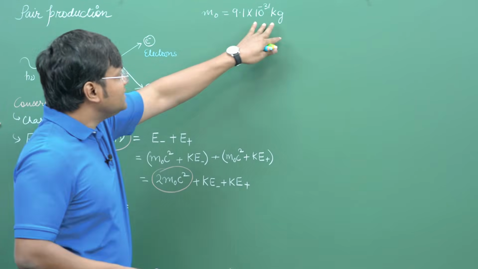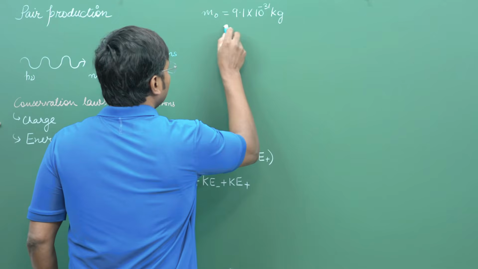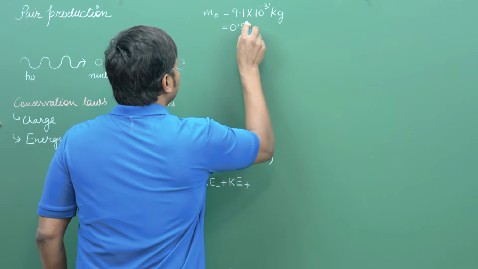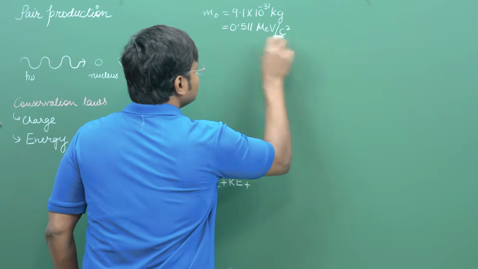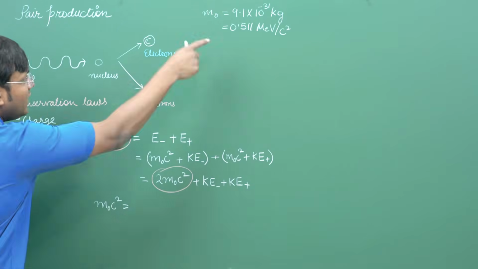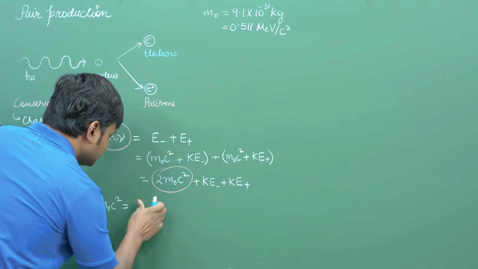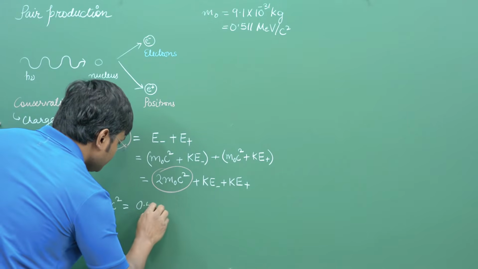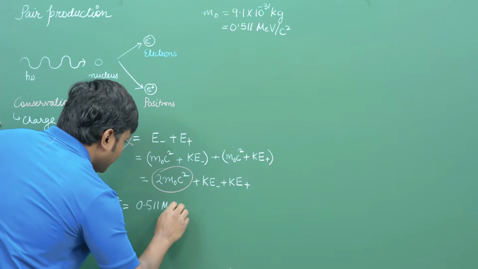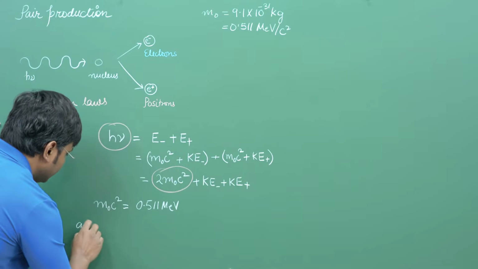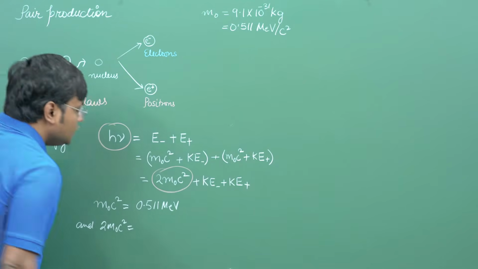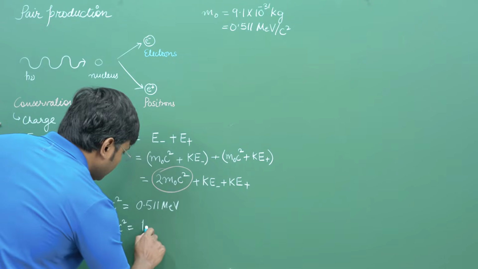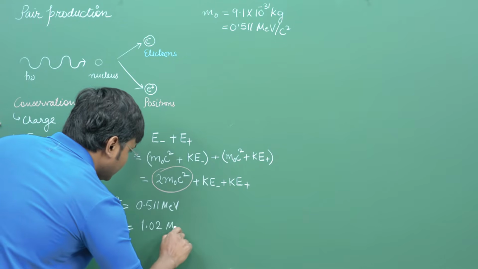So if I convert this into energy units, it comes out to be 0.511 mega electron volt upon c square. So this is m naught c square, which comes out to be 0.511 mega electron volt, and twice m naught c square therefore comes out to be 2 times this, which is 1.02 mega electron volt.